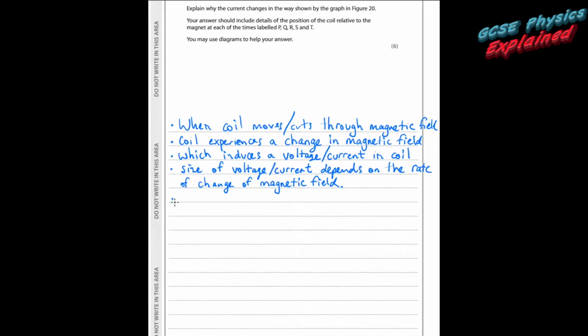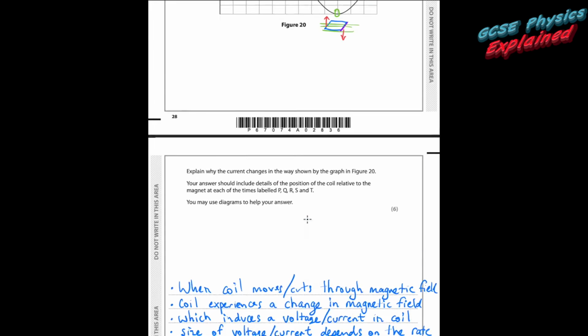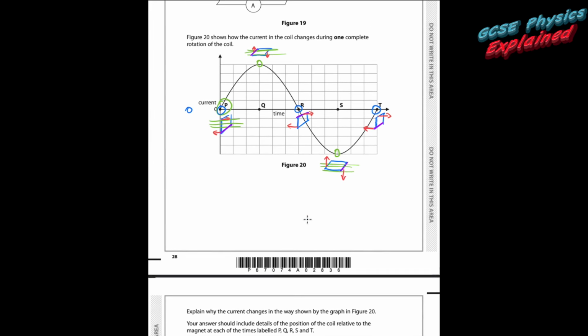Now the greatest change will be when the coil is moving perpendicular to the field. Let me go back up and show you when it was perpendicular.